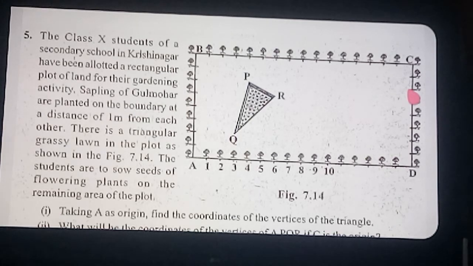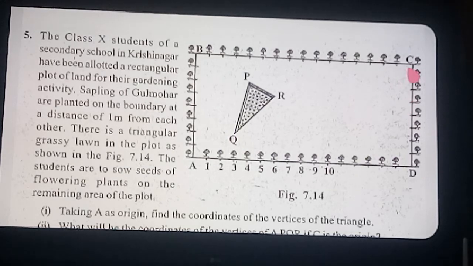Clear? Same way you find out the coordinates of Q. What will come? You can see Q, draw a perpendicular to the x-axis, we are meeting here. Okay. So count 1, 2, 3, 4, 5, 6, 7, 8, 9, 10, 11, 12, 13. So what is the x coordinate coming? 13. Okay. Similarly the y coordinate, what will come? This one.